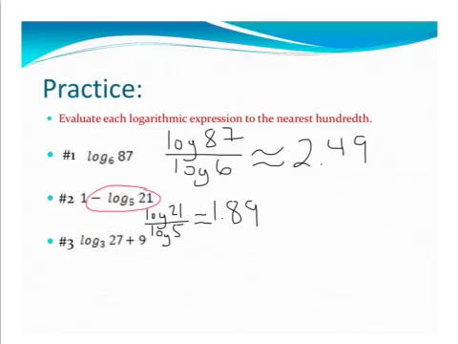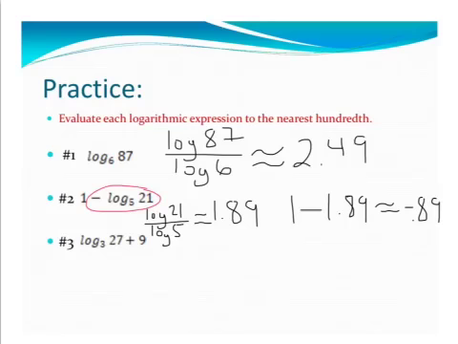I end up with about 1.89. So all I have to do is 1 minus 1.89, which gives me negative 0.89. Make sure you're doing 1 minus 1.89, because a lot of people forget. They do the log of 21 divided by log of 5, and then they subtract 1. You're going to get positive 0.89. You should get negative 0.89.